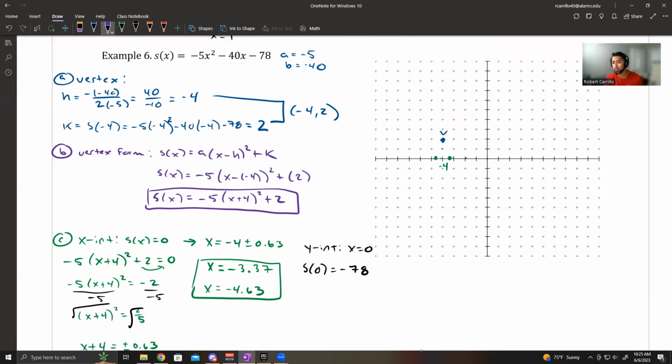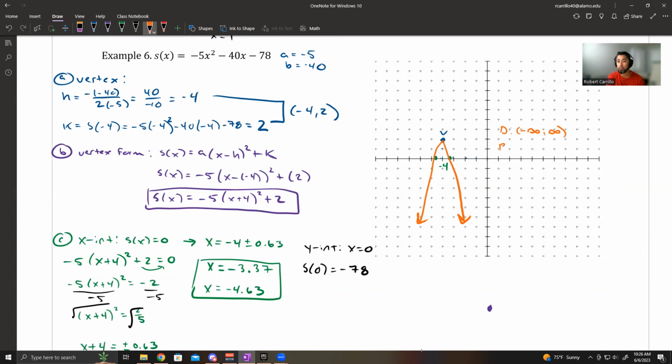And then my y-intercept of -78 is somewhere down here, all the way down there. We don't need to worry about that though, as long as we have our 3 points. The vertex, a point to the left, a point to the right. Okay, and connect. There we go. And then everything else comes naturally.